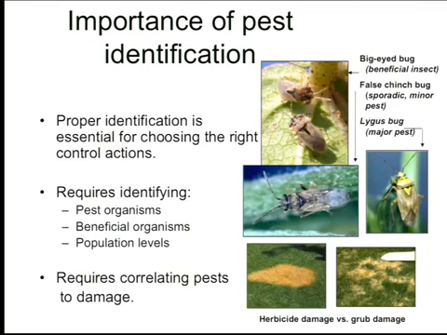For example, look at here. Here you have on a lawn 2 types of damage. This was caused by herbicide that was applied wrongly, and this is caused by grub damage. There's a grub here. It's difficult to know which one is what. They're similar. When you see this bug above, on the top, that's a beneficial insect. That's a predator. But these 2 are pests.